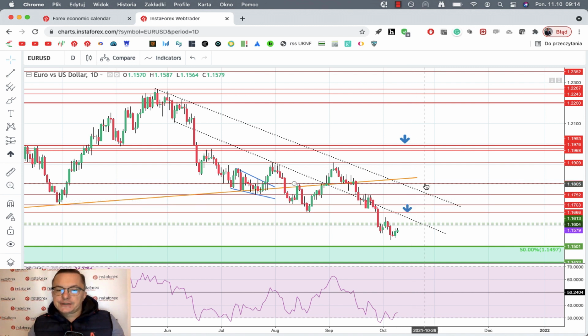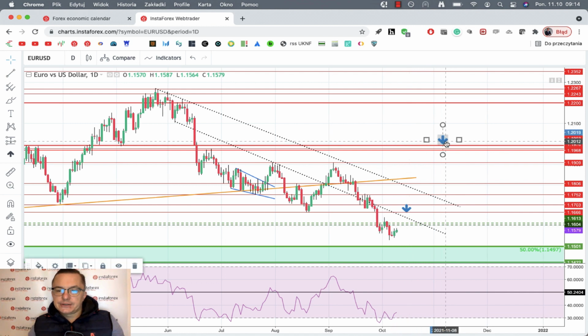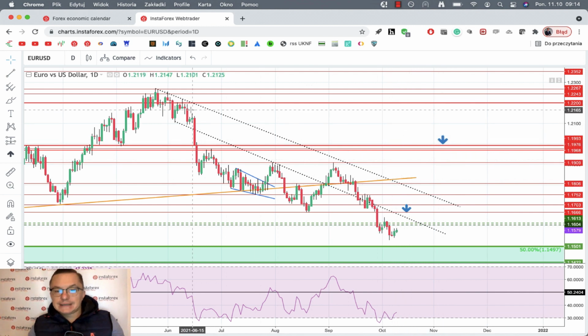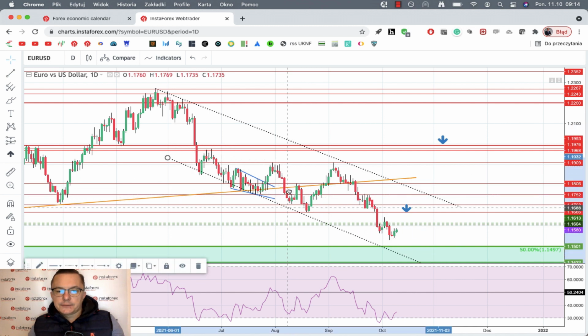Other resistances are here on the chart. The key long-term resistance is, of course, 1.1976, which is this level here. We got this channel, and as you can see, it didn't help bulls to get back into the channel because it was denied to go higher, and then the channel was abandoned.